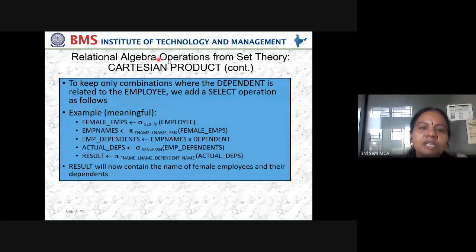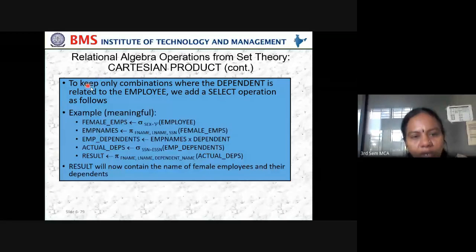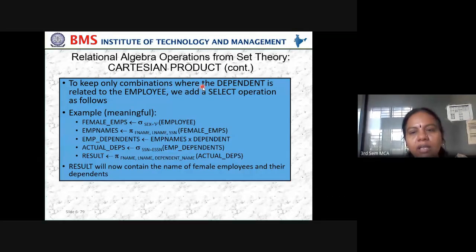So for the relational algebra operation from set theory, the Cartesian product, to keep only combinations where the dependent is related to the employee, we add a select operation as follows.